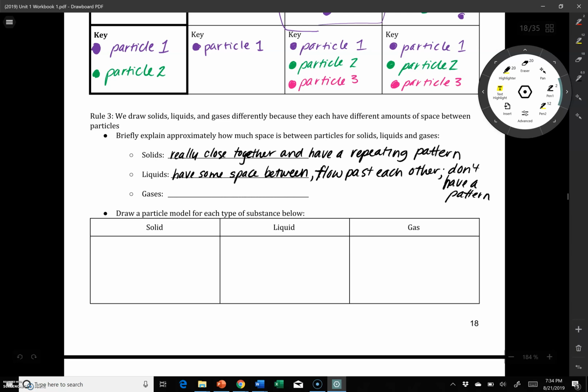Okay, now gases have lots of space between. They move fast, and they have no pattern.